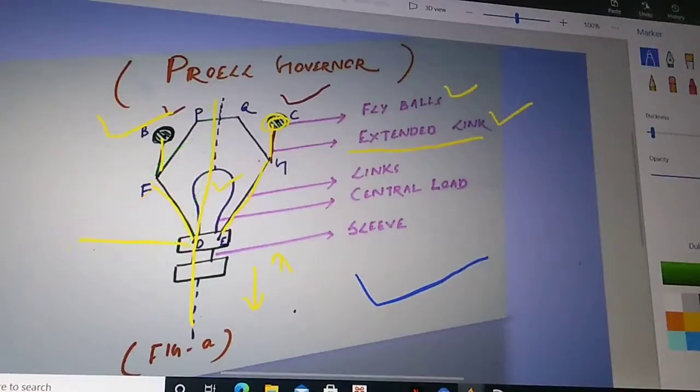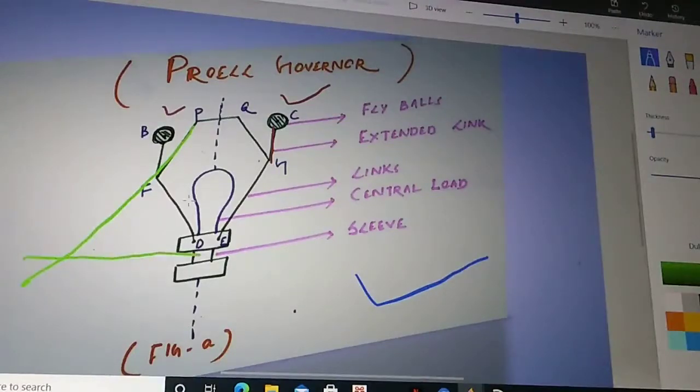If I clear this out, you can understand better: if this link is extended and connected to this, you will find that we consider a right angle triangle as follows here, and this will be the I center of rotation.